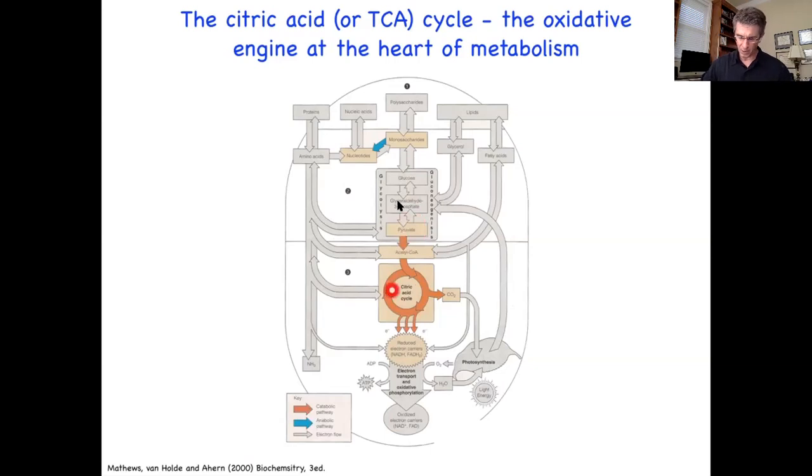The TCA cycle, man, anything that you can run down through this pathway into pyruvate or acetyl-CoA, you can burn into the TCA cycle. In fact, even though, like I said, we can get energy out of monosaccharides, you can even get energy through glycolysis out of amino acids. So a subset of them can be converted into monosaccharides and then run through glycolysis.